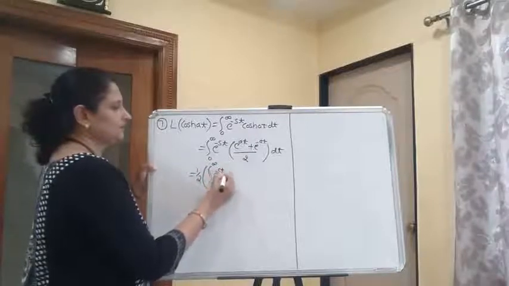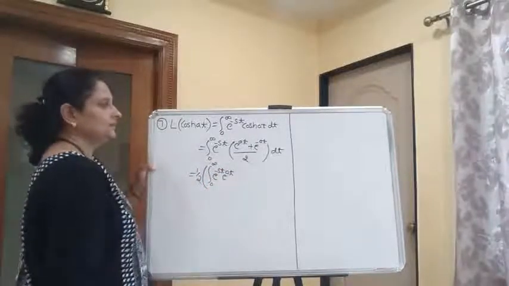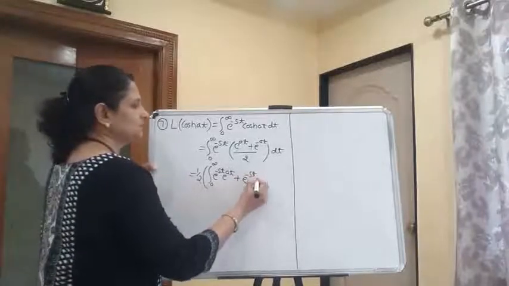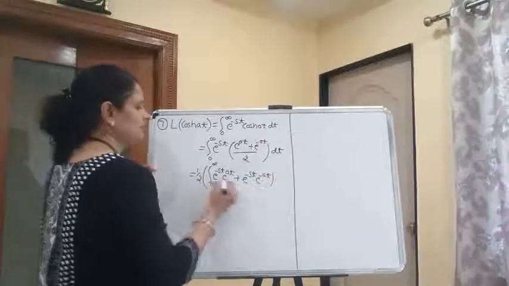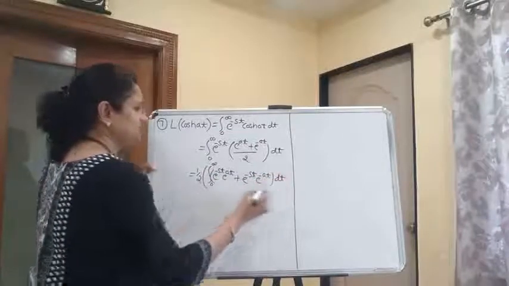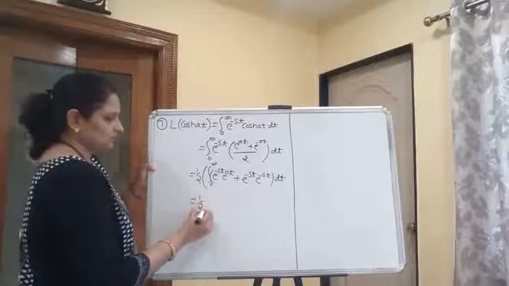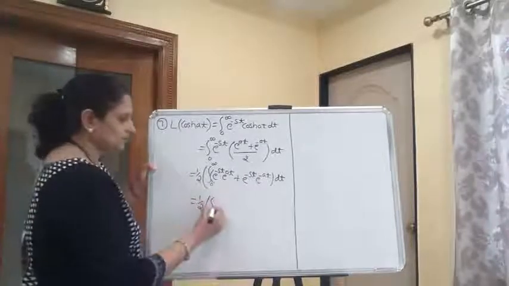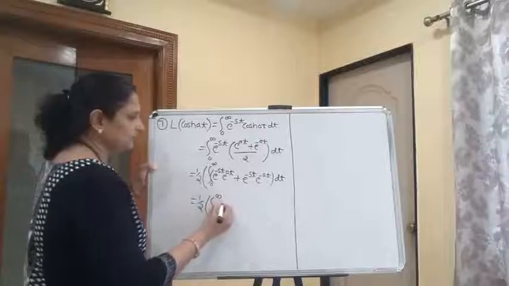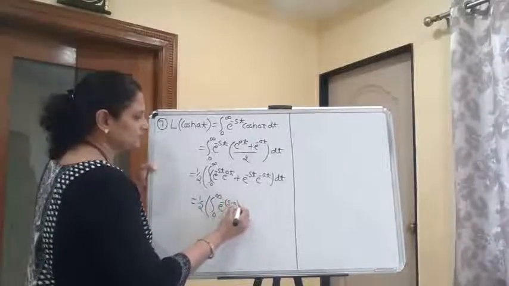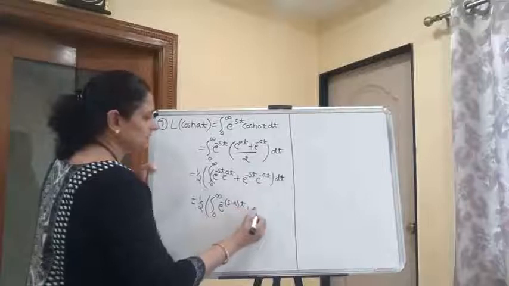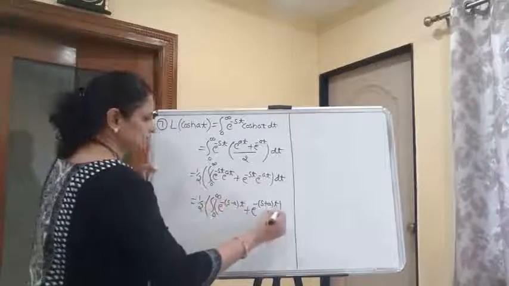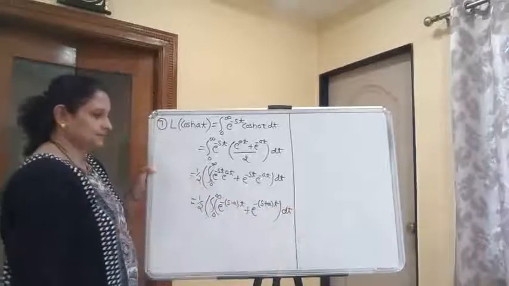Write it as e power minus s into t into e power a into t plus e power minus s into t into e power minus a into t dt. So now writing both the terms as a single term, it is 0 to infinity e power minus of (s minus a) into t plus e power minus of (s plus a) into t dt, combining and writing the terms.